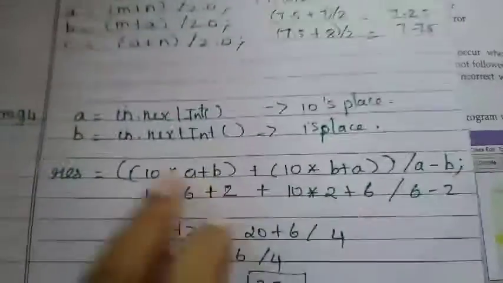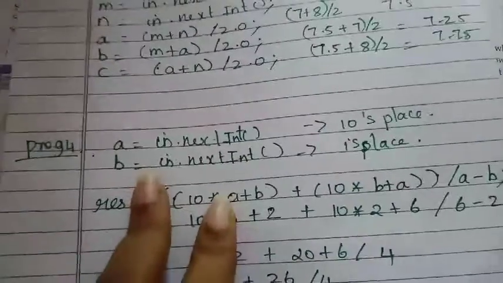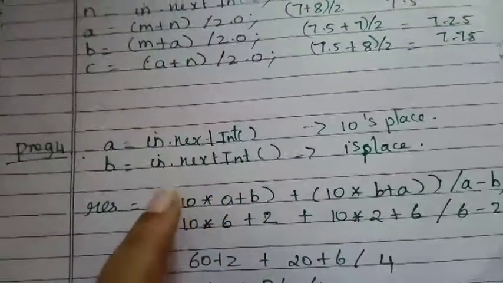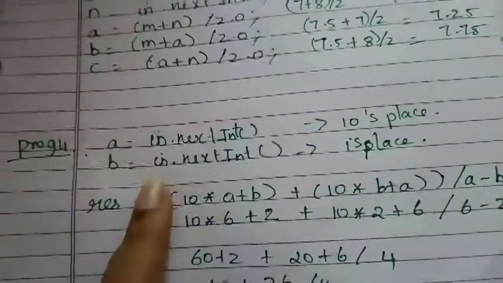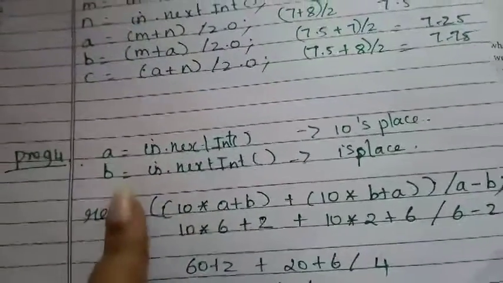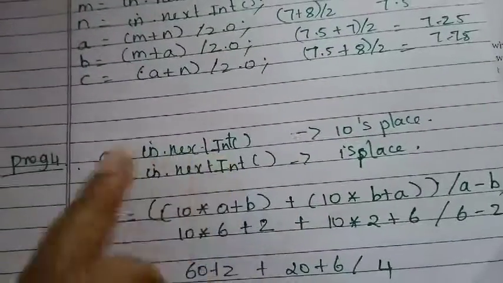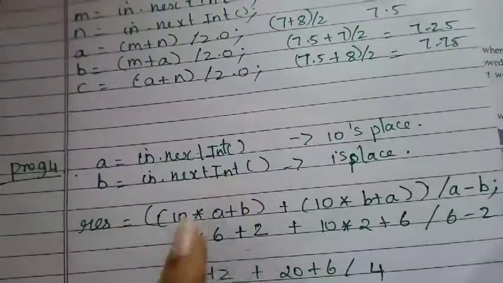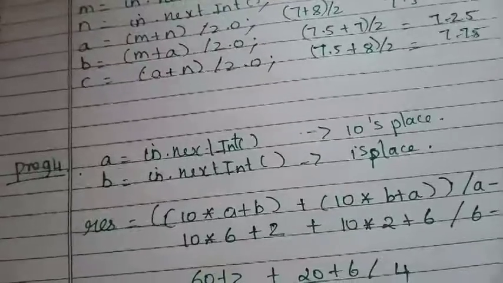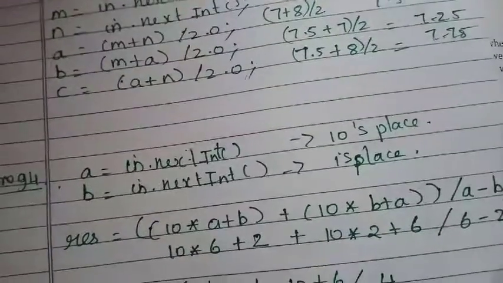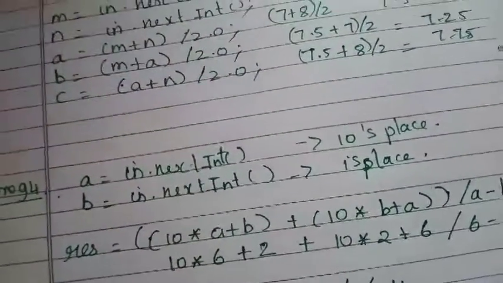Okay, and in the fourth program also the same procedure will be followed if you keep your book with you. If you see in the book, first will be your import java.util, then your class name, then your void main function, and inside the void main function the first thing we have to do is declare the scanner class.